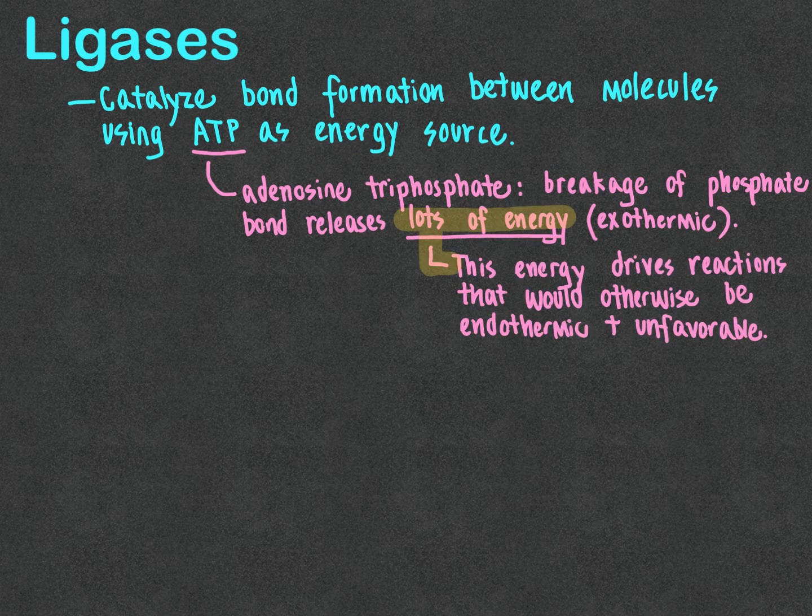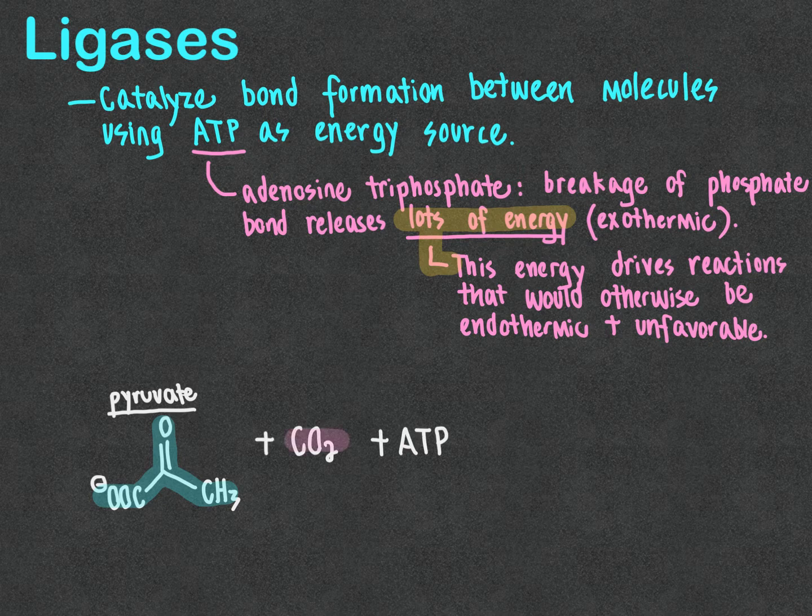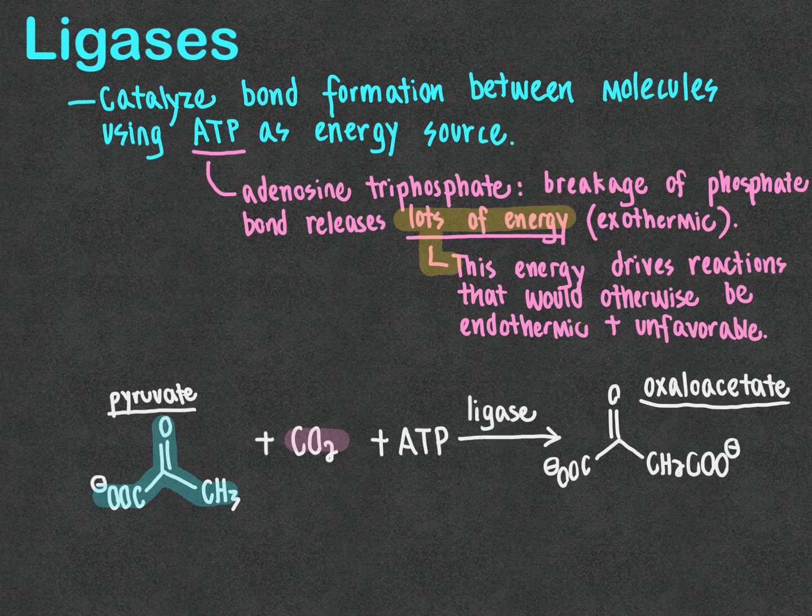In the case of these types of reactions, ATP binds at a site on the enzyme. Pyruvate, in the case of our example here, and CO2 bind at the active site, and that results in the formation of oxaloacetate, shown here, by linking the CO2 at this right-hand end of the pyruvate molecule. In other words, we're catalyzing bond formation here by linking CO2 to the pyruvate molecule.